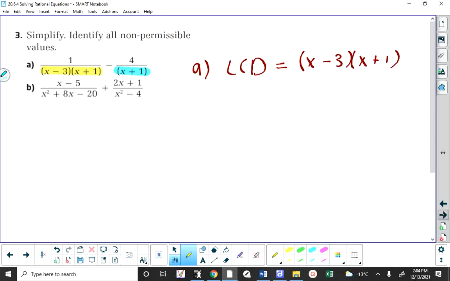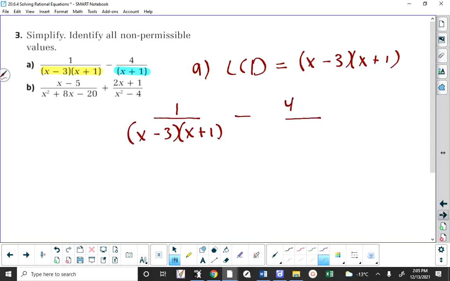So what you would do then is rewrite this as 1 over x minus 3 times x plus 1, minus 4 over x plus 1. And then you would say, I'm going to need to multiply the top and the bottom by whatever I need to turn it into that common denominator.